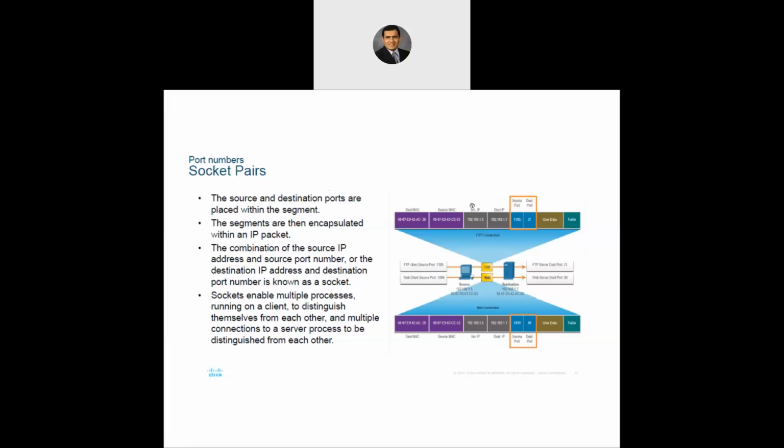The source IP address and source port make one socket, and the destination port and destination IP address make another socket. So you have multiple socket pairs. The combination of an IP address and a port number is known as a socket.